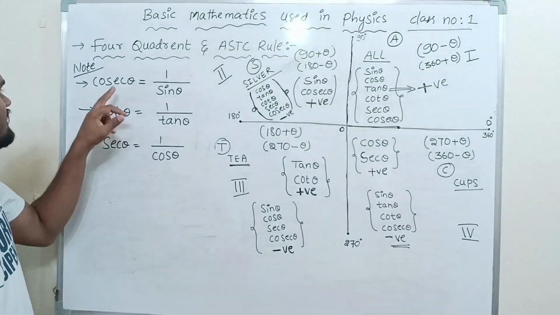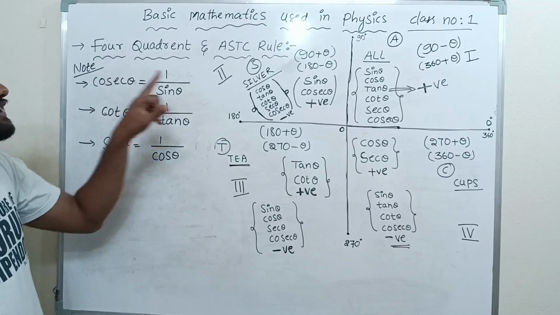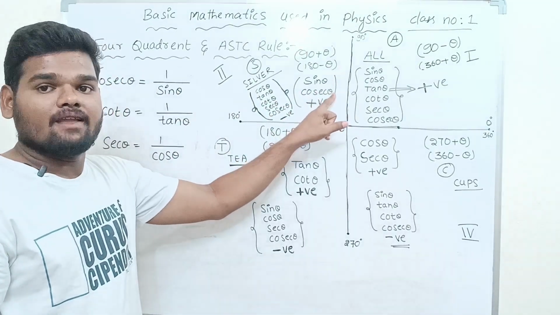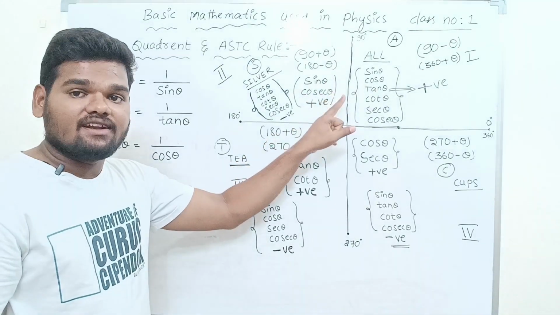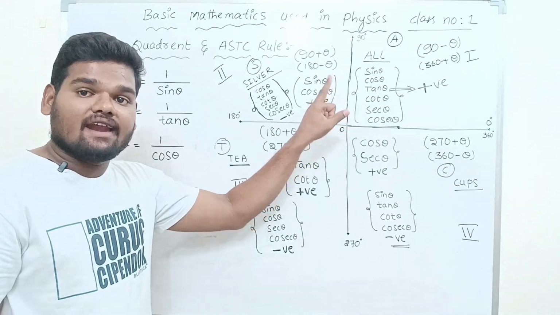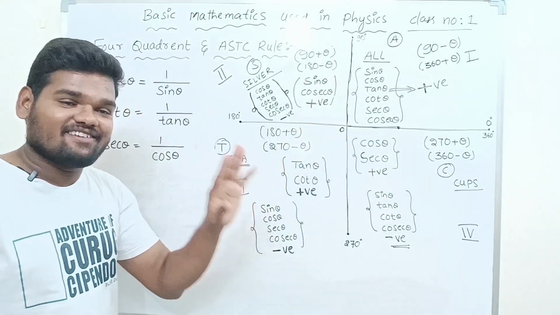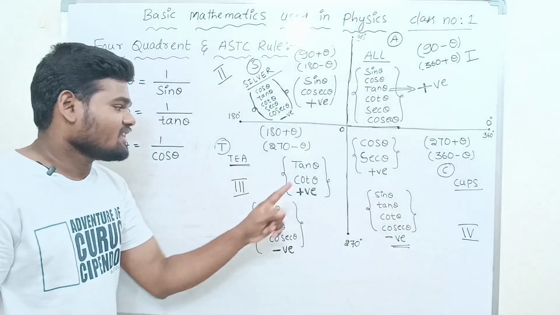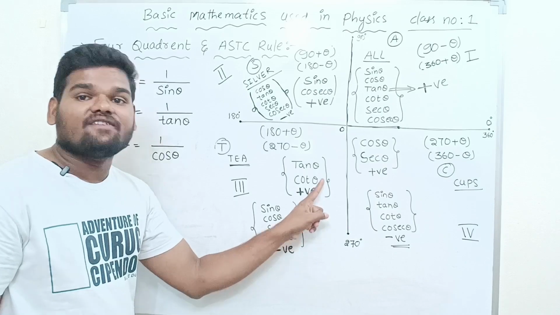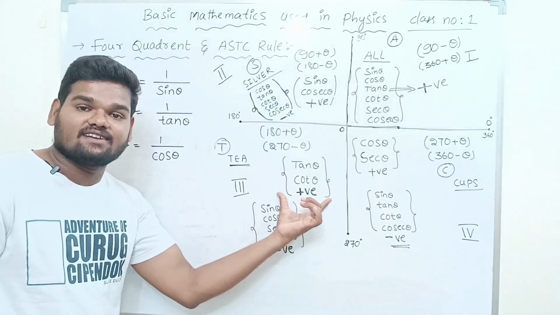Have a look. The reciprocal of sin theta is nothing but cosec theta, because they are lying in the same quadrant. The reciprocal of sin theta gives cosec theta, and the reciprocal of cosec theta gives sin theta. Is it clear? Right. If you come to here, the reciprocal of tan theta gives cot theta, and the reciprocal of cot theta gives tan theta, because they are lying in the same quadrant.